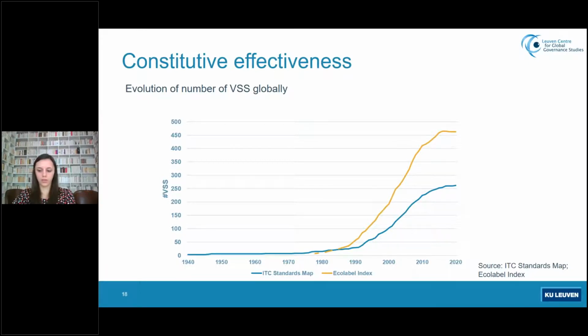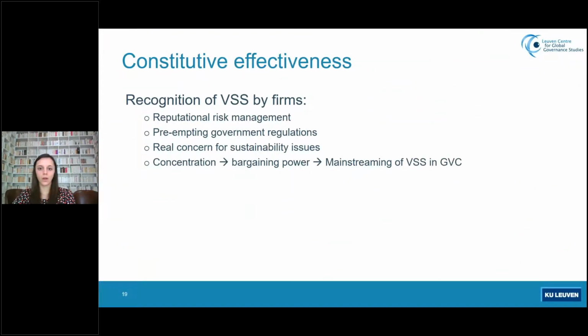But of course, VSS could really flourish only because they are recognized or accepted by several stakeholders, and that's what we are going to look into. First, recognition by firms. So why do firms recognize VSS? We have already explained a little bit of that.